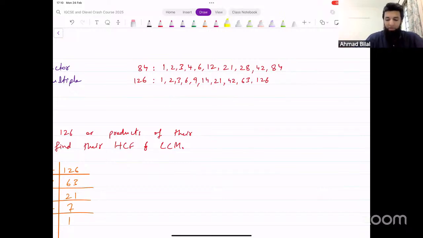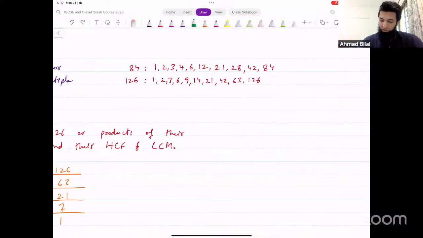But now there are many of them. 1 is common, 2 is common, 3 is common, and then you have 6 common as well. We're looking for the highest common factor, the largest number that's a factor of both numbers. Okay, that's what HCF means. The largest number that's a factor of both of these numbers. Now, what's the largest of these all? That is 42. 42 is the highest common factor of these two numbers.